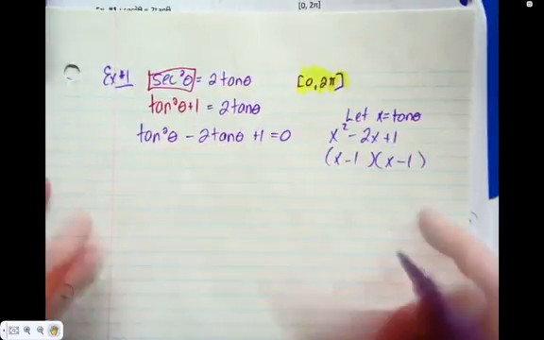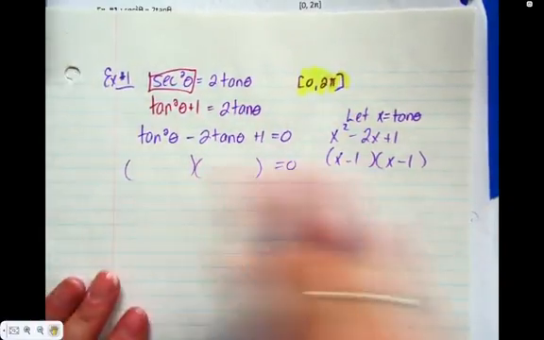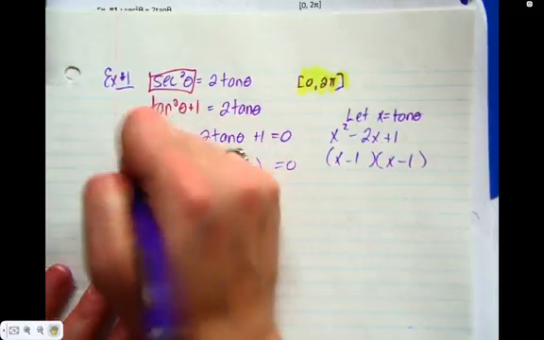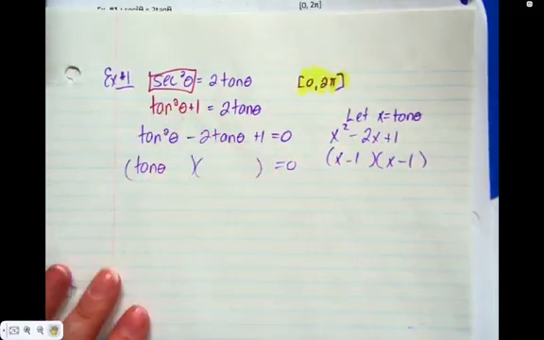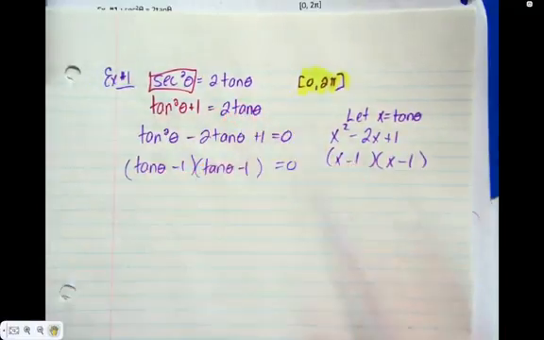Come back over here now, take out the X, put in your tan function. So how do we turn this back into tan? Tan theta minus 1 and tan theta minus 1.